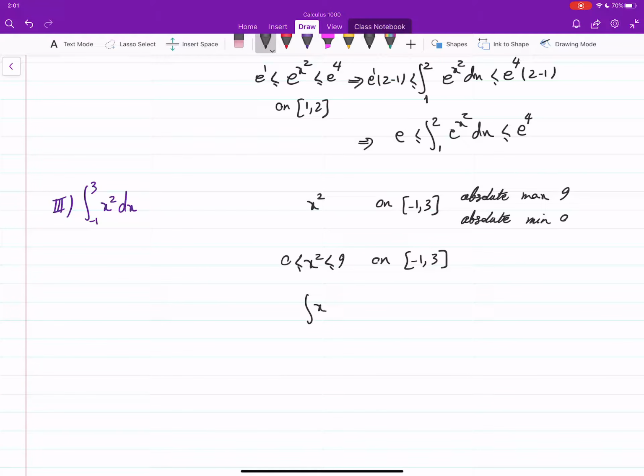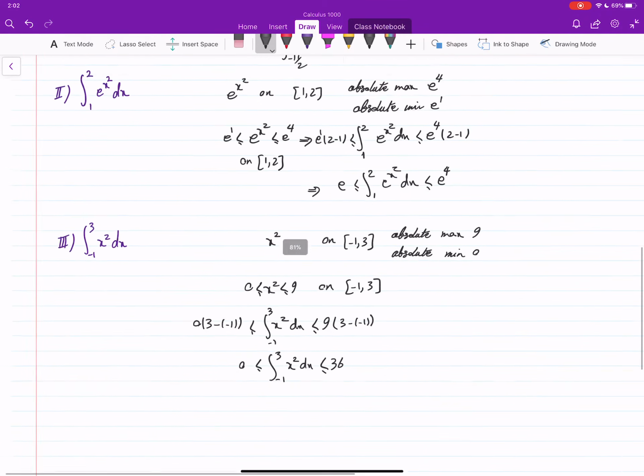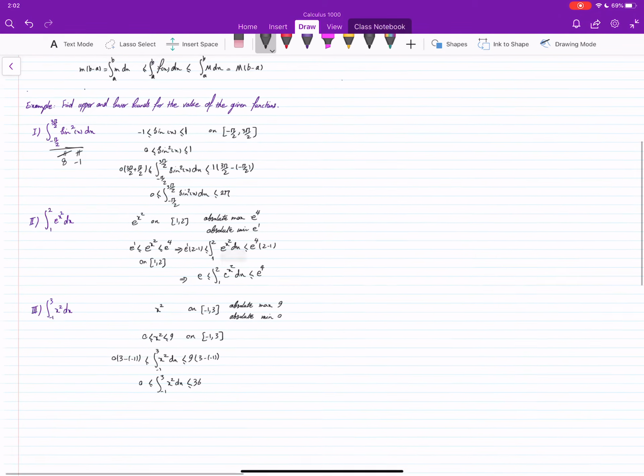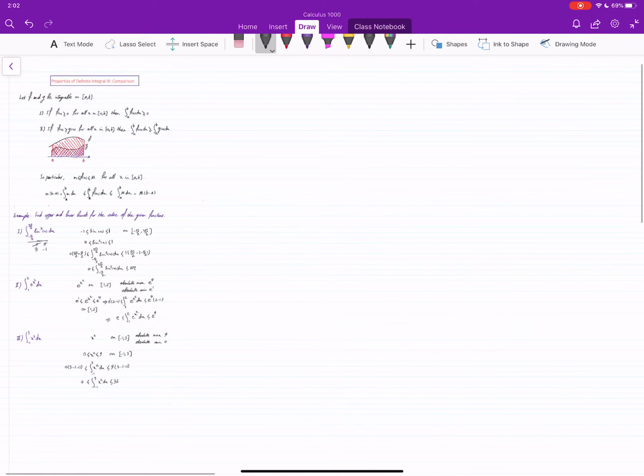Then the integral of x squared from -1 to 3 dx is going to be less than 9 times 3 minus -1 and bigger than 0 times 3 minus -1. This means that we can say at least something about this integral: it is going to be a number less than 36 and bigger than 0. So those properties can be used to estimate the value of integrals.